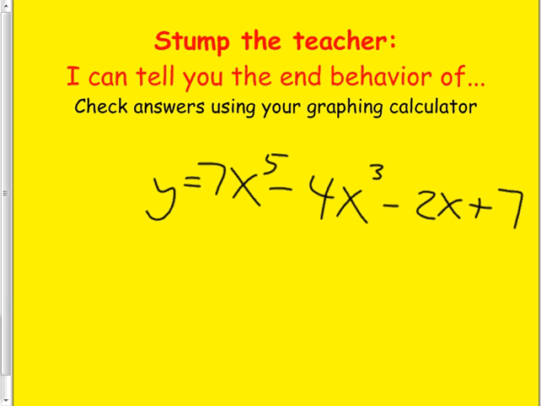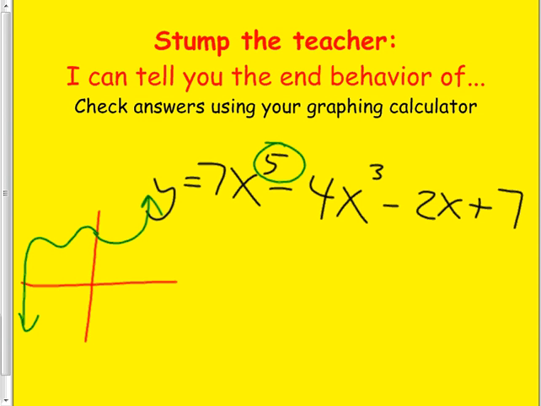That one, for instance, if I made a picture of it, I know it's degree 5. And I also know I'm going to not tell you this other part of the thing that I know, but I'll tell you in a moment. I would say that this one, let me think now, would generally look like that. And it's down on the left and it's up on the right.